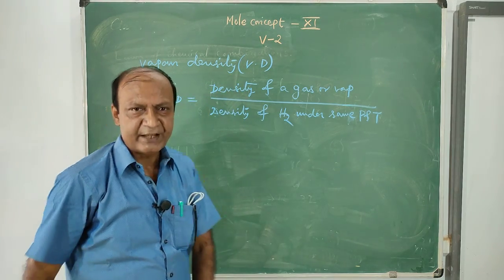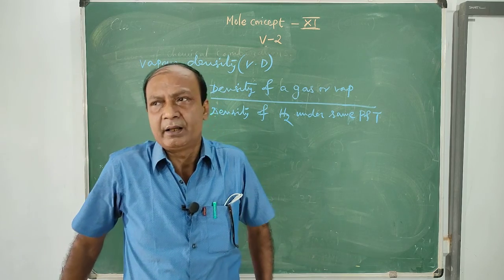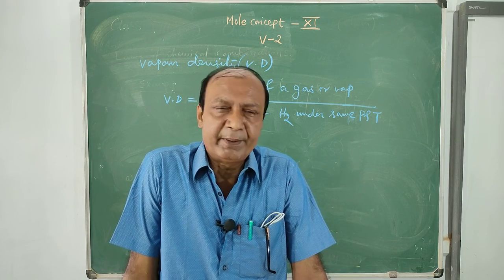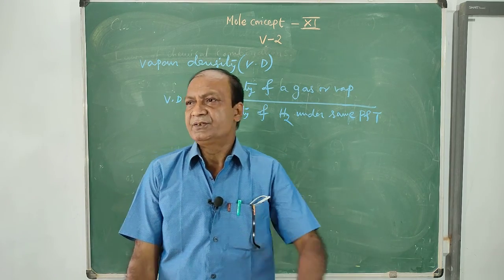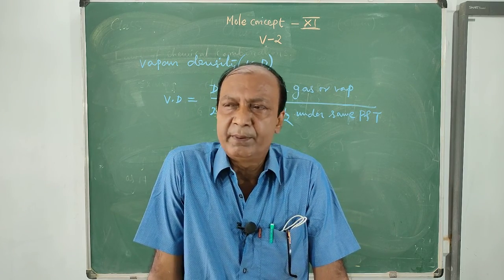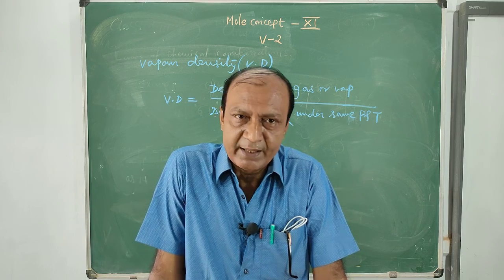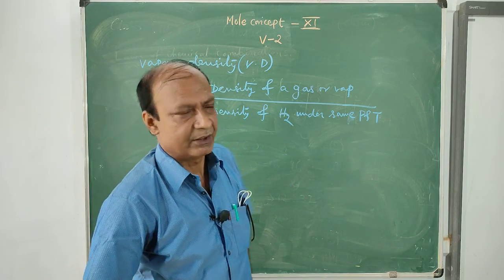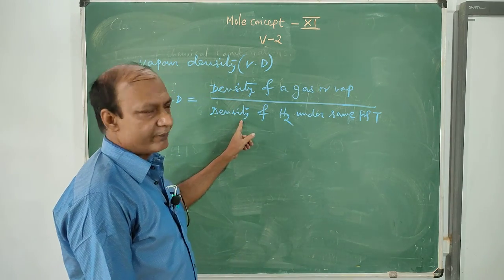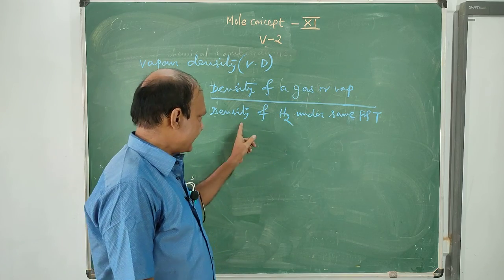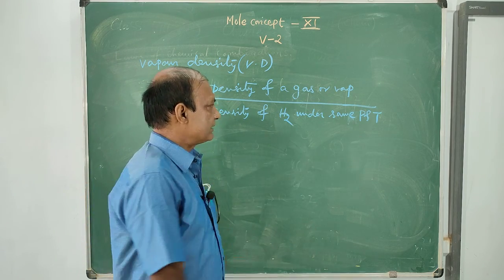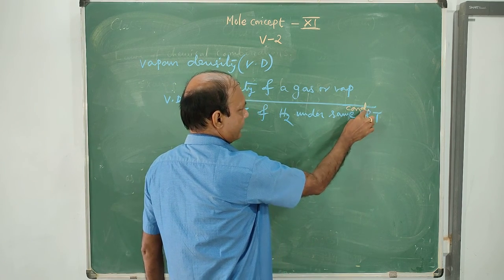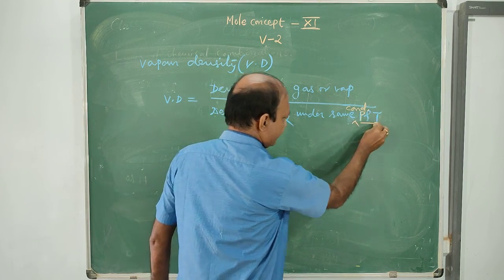So when you measure the density of a gas or a vapor, you can find out the vapor density. By definition, vapor density is the ratio of the density of the gas or vapor to that of the density of hydrogen, when both the densities are measured under same condition of pressure and temperature. Clear? This is by definition.